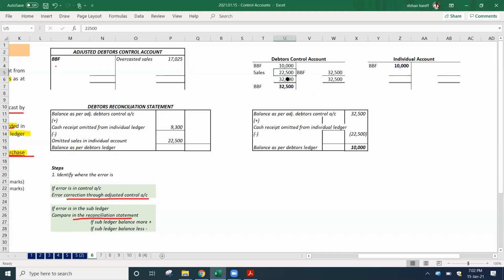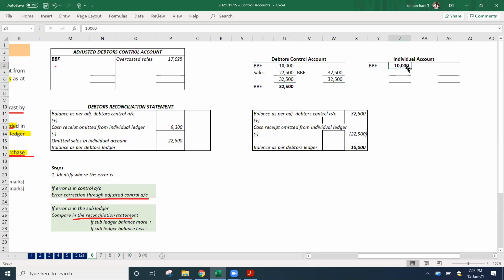Now, if this entire sales invoice was not recorded in the control account or individual account, we need to correct the control account, individual account also we need to correct, but we can't do that. So how do you correct the control account? We have to debit 22,500. Then the control account is correct. 32,500 is the correct control account balance.